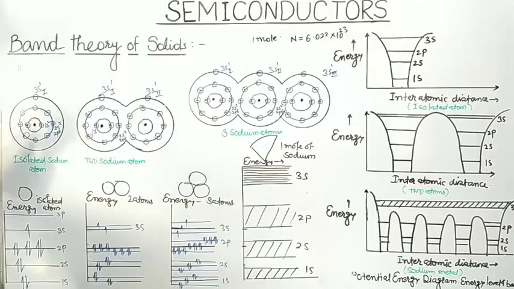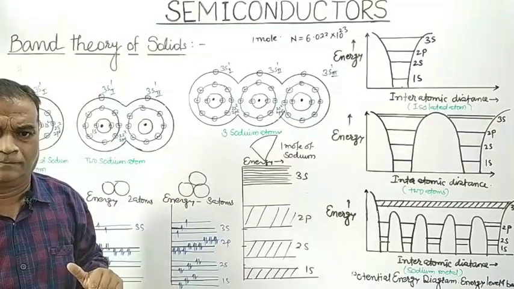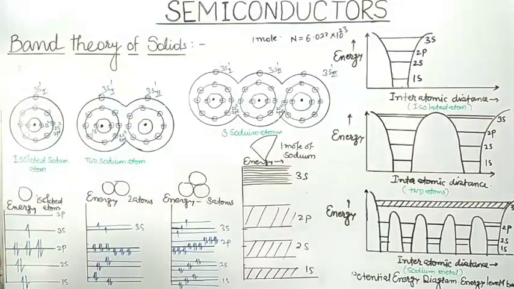And according to Bohr's model of hydrogen atom, we know that electrons in different orbits will have different energy levels. So here I have shown the energy level distribution of electrons in an isolated sodium atom.